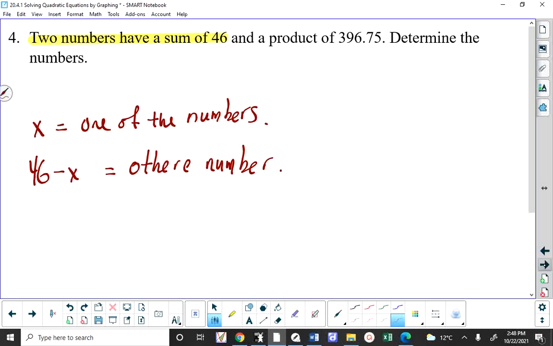Now, I will admit that your textbook, and there are probably some Math 20-1 teachers that would introduce another variable only to get rid of the other variable as soon as they could. So I think it's better here if we don't introduce another variable. We just say, well, look, if x is one of the numbers, then the other one must be 46 minus x. That's the setup. So what's highlighted in yellow allows us to define these variables.